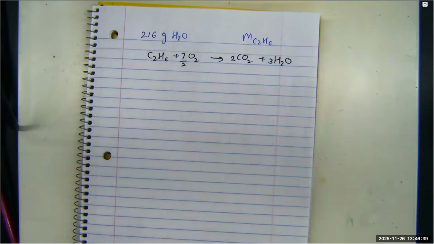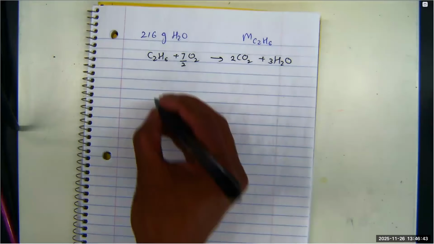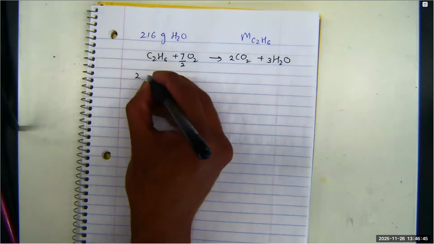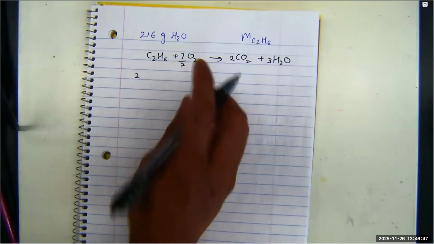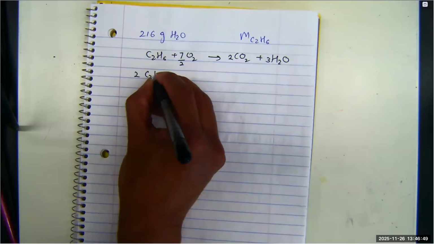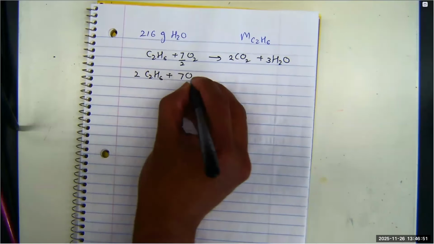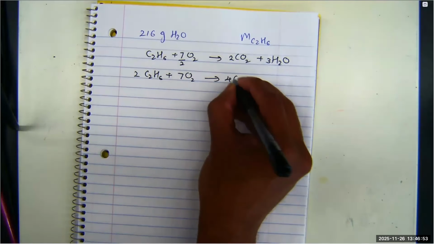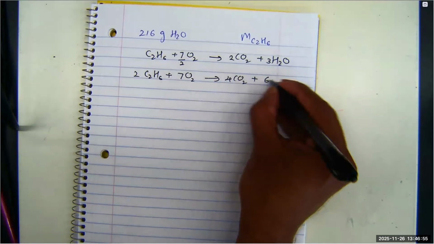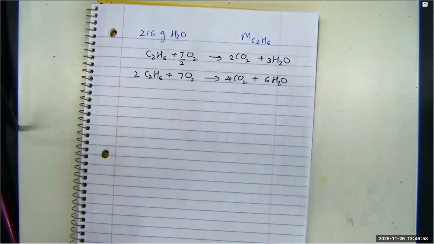Now, this would give me 7 oxygens on the reactant side as well. But I don't want fractions, so I'm going to multiply everything by 2 to get rid of the denominator. I'm going to get 2 C2H6, 7 O2, 4 CO2, and 6 H2O as my final balanced equation.